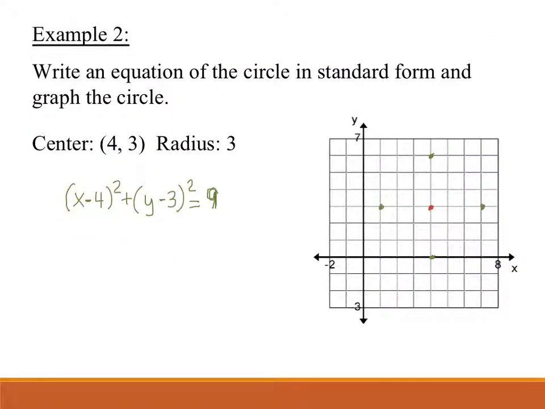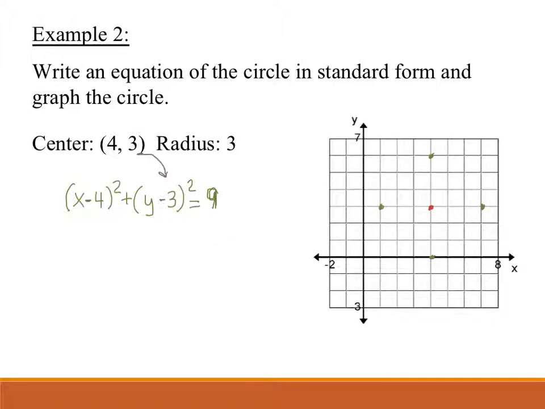So in example 2, we write an equation of the circle in standard form and graph the circle. The center is at (4, 3), and the radius is 3. So for h, the number is 4, so we put it into the standard form of the equation. And for the k portion, we put in 3.